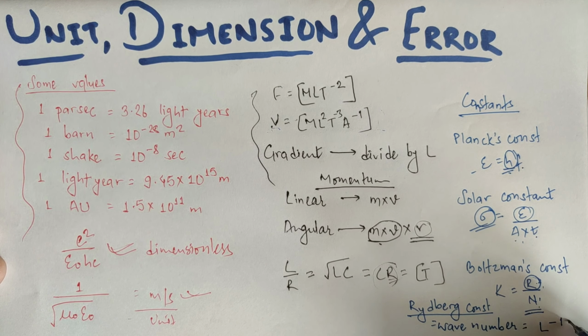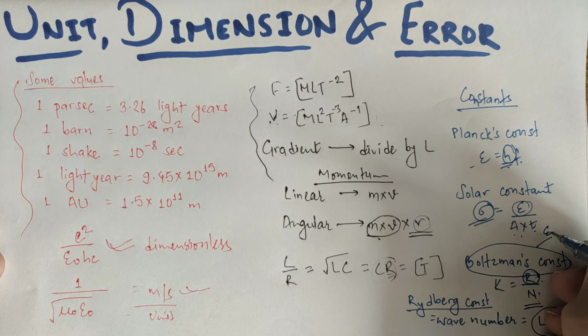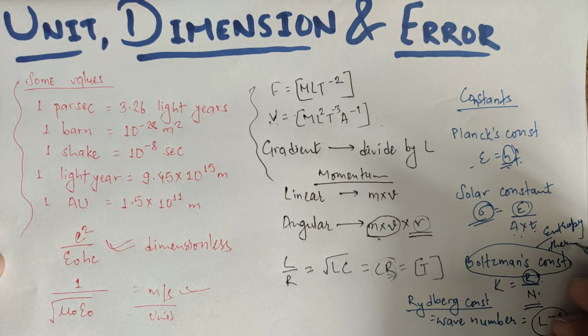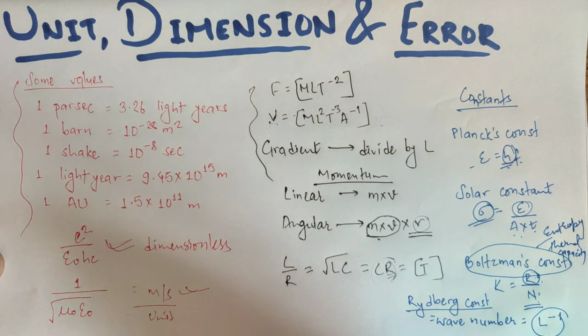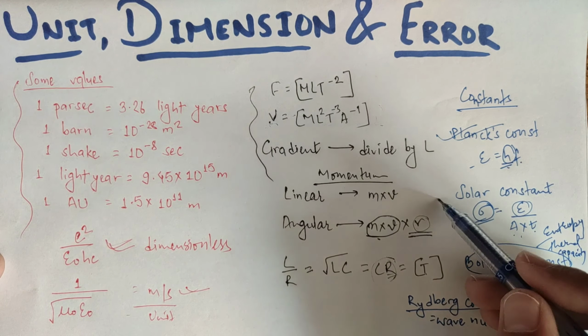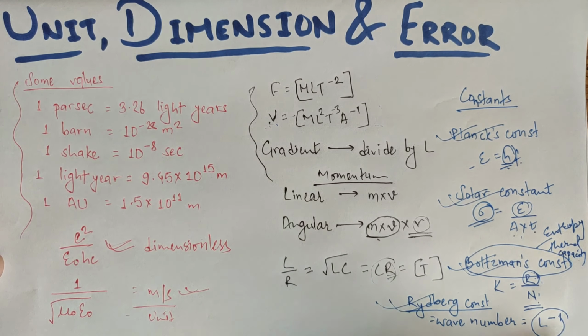And there is one more thing: Boltzmann constant is equal to entropy, thermal capacity. Planck's constant, solar constant, Boltzmann constant, Rydberg constant, L to the minus 1.